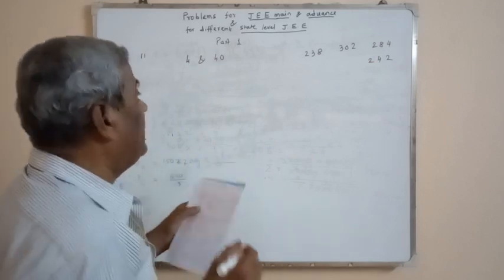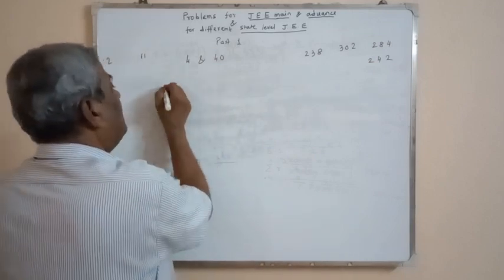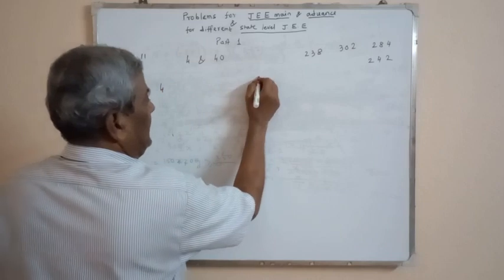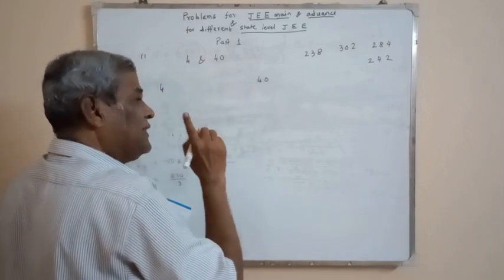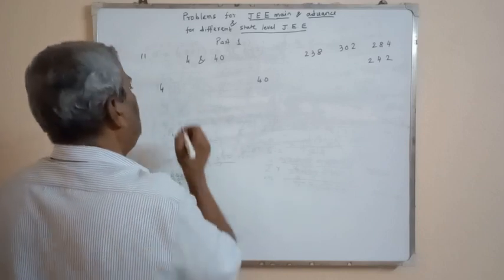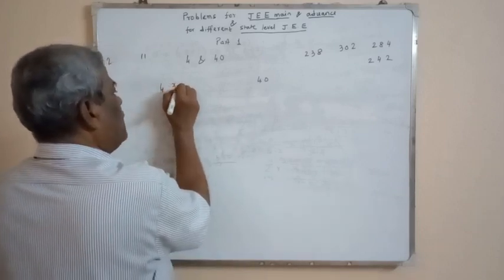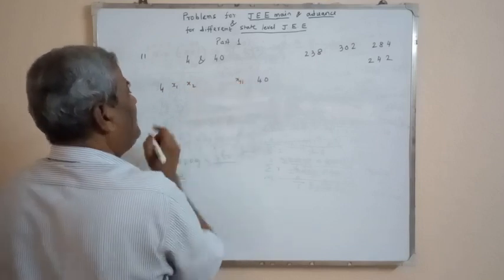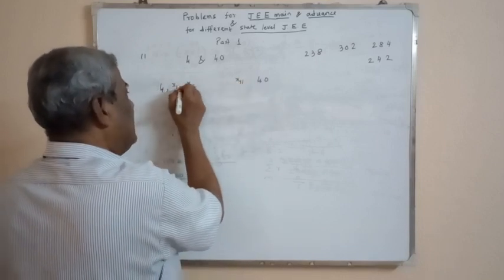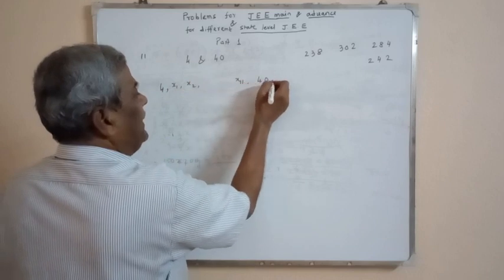Let us see what the problem is. Two given numbers 4 and 40 are there, and 11 arithmetic means are introduced. Suppose these are x1, x2 up to x11. So they together form an AP.